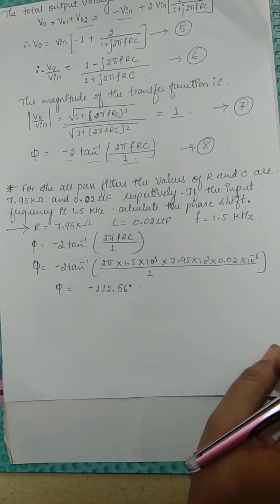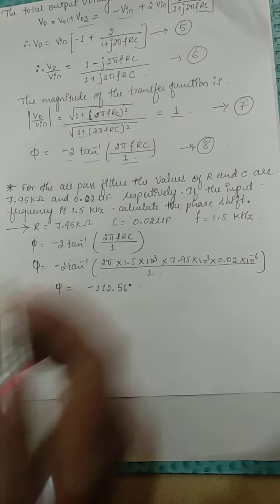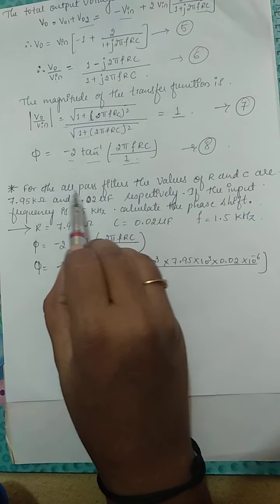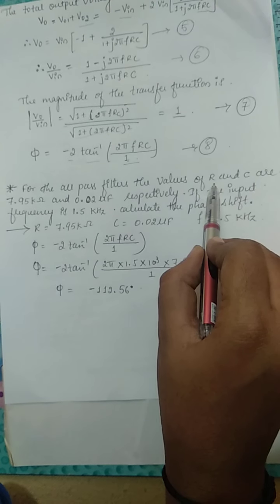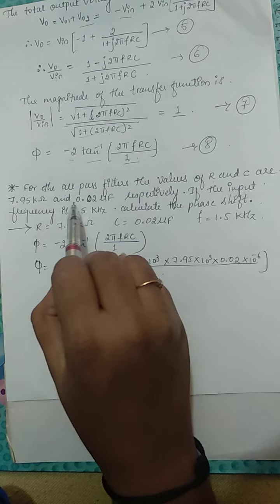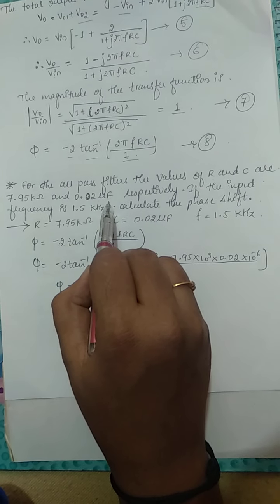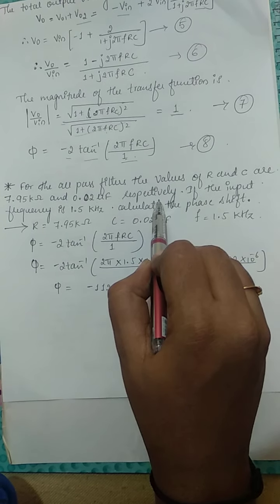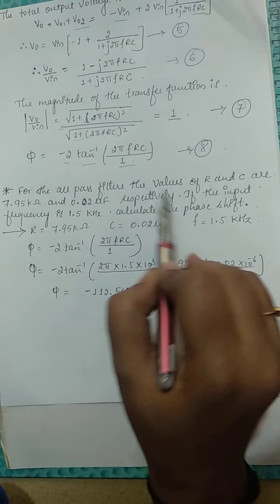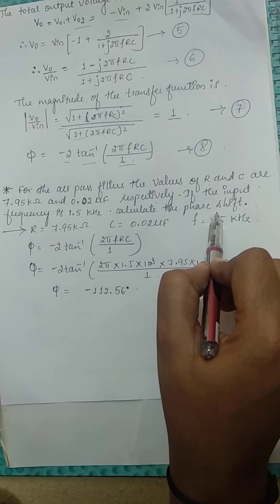So one problem is there based on the all pass filter. For the all pass filter, the values of R and C are 7.95 kilo ohm and 0.02 microfarad respectively. If the input frequency is 1.5 kilohertz, then calculate the phase shift.